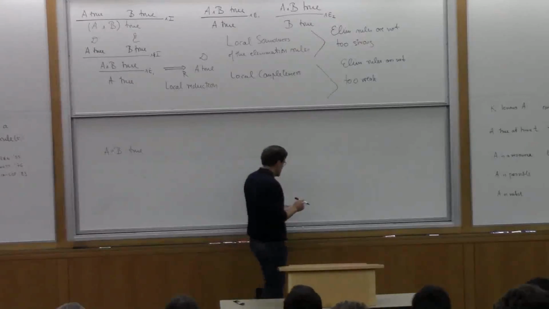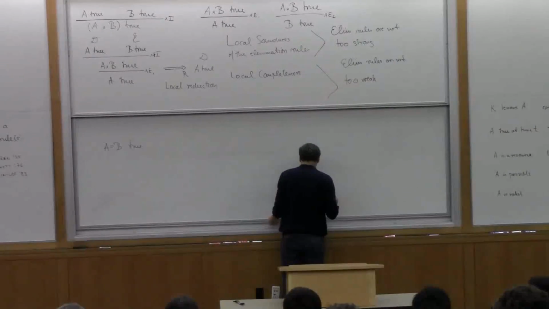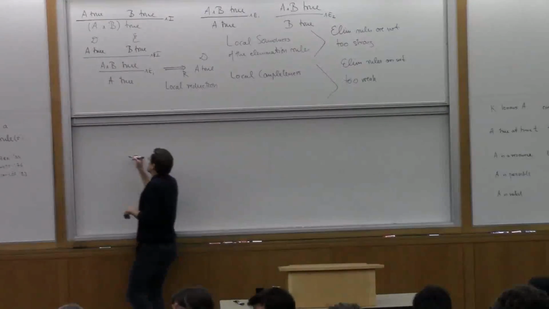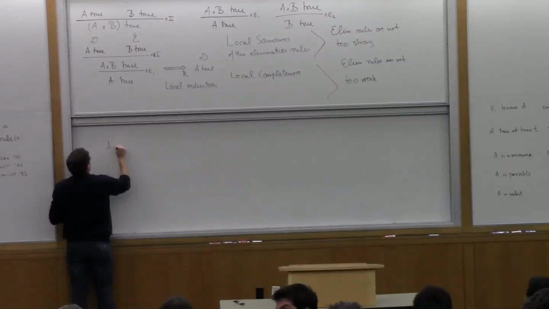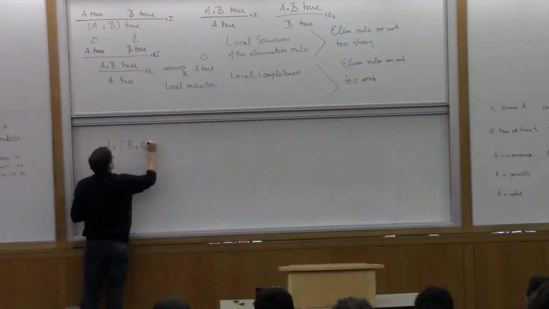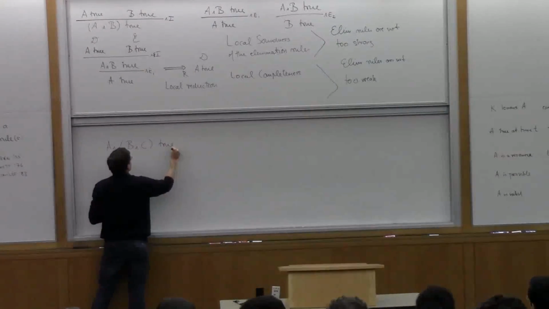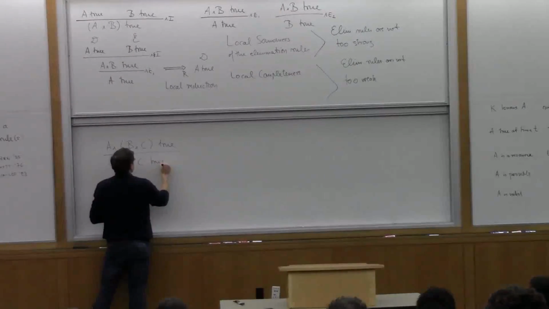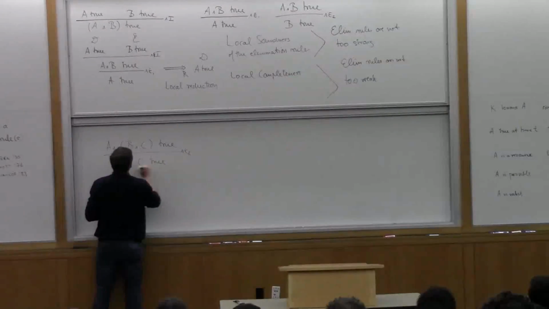Let's think of a small proof. A and B and C is true. B and C is true. And elimination 2, and we get from that.